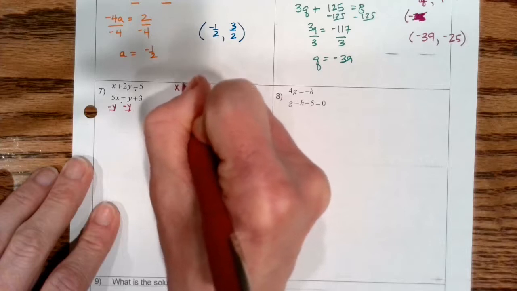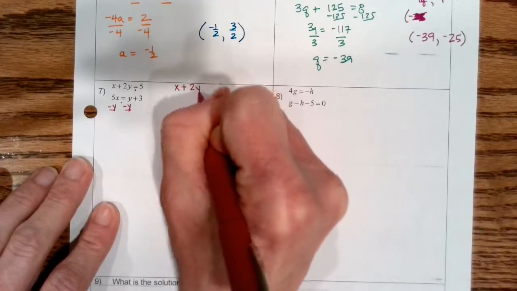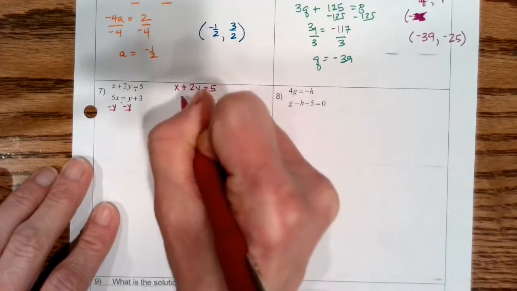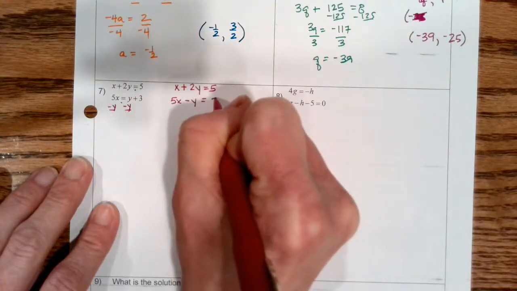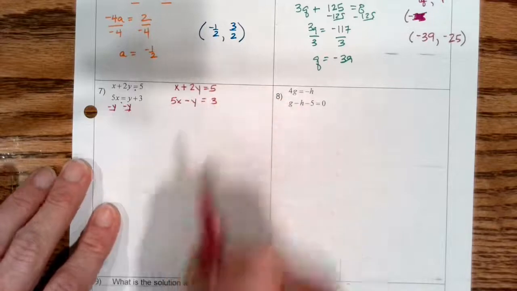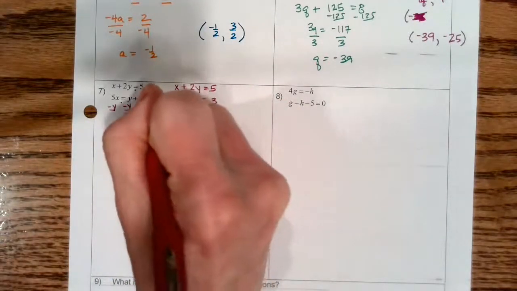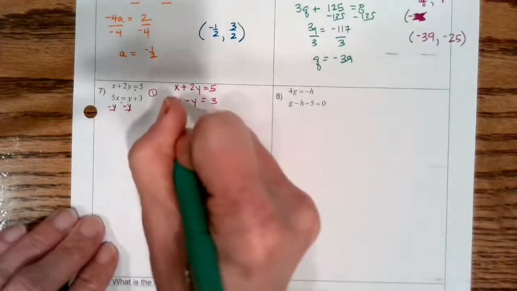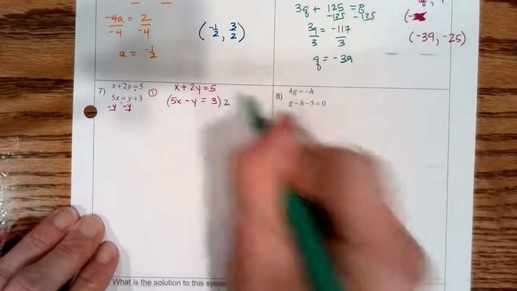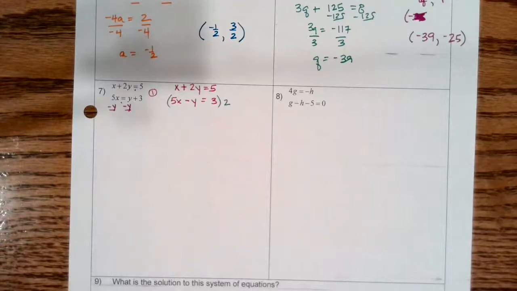That gives me x plus 2y is equal to 5, and 5x minus y is equal to 3. Now I'm all lined up. So step 1 is to arrange my equations. Now I'm looking for a zero pair, so I'm going to multiply this second equation by 2.